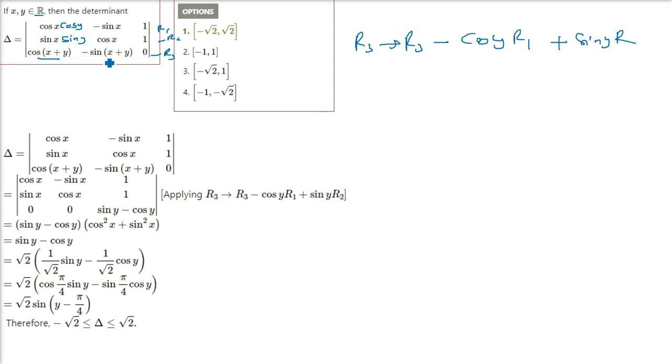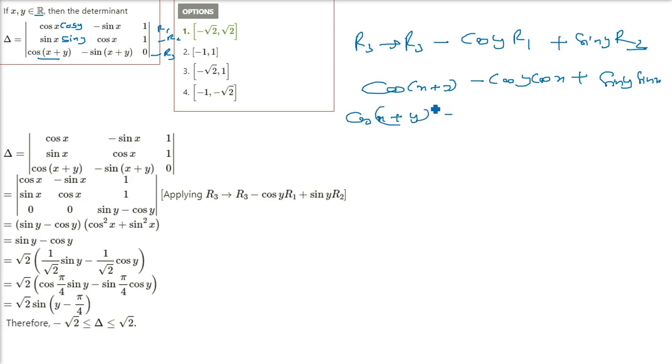We'll get two zeros here. How? First I am showing you cos(x plus y) minus cos y. Row 1 we have cos x, then we have sin x sin y. So sin x sin y, and if you take minus common, you get cos x cos y minus sin x sin y, which is nothing but cos(x plus y).